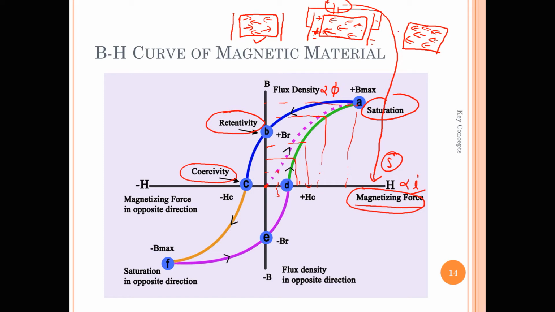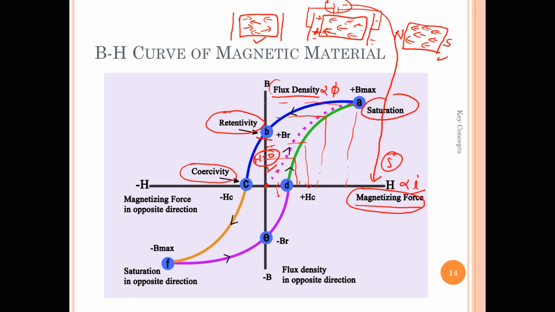It can act like a permanent magnet. As you can see, when we remove the input power supply, the H value is 0. It means we don't have any external force or supply. Even without any energization, the material can have some flux density.